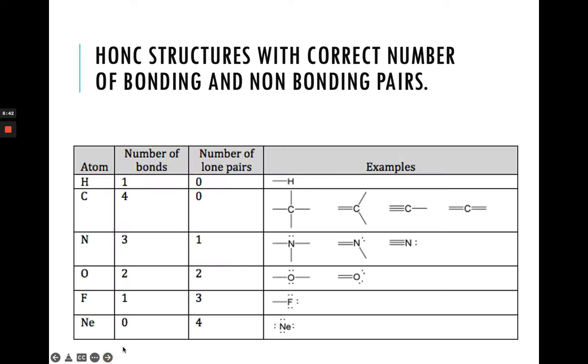All right. So again, as was shown in a previous video, the HONC structures with the correct number of bonds, you're going to end up always choosing from these. So if you have a carbon, it could either have 4 single bonds or 2 double and 2 single. It's always going to have 4 lines coming from it and no pairs that are unshared. Nitrogen, on the other hand, is going to have 3 bonds, but 1 lone pair.